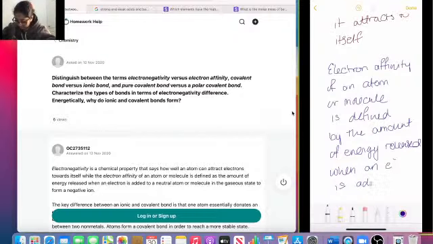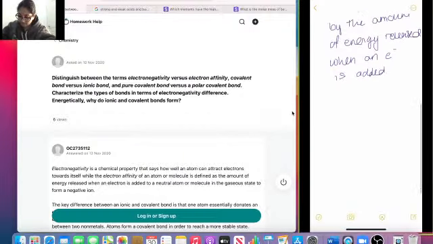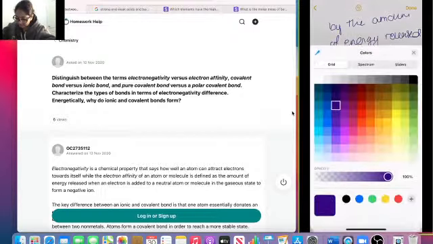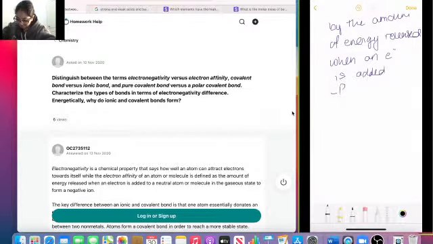You can consider atoms when they accept electrons, when they gain electrons, they become negative. So they basically form a negative ion, right? Okay, so that's the difference between electronegativity and electron affinity.